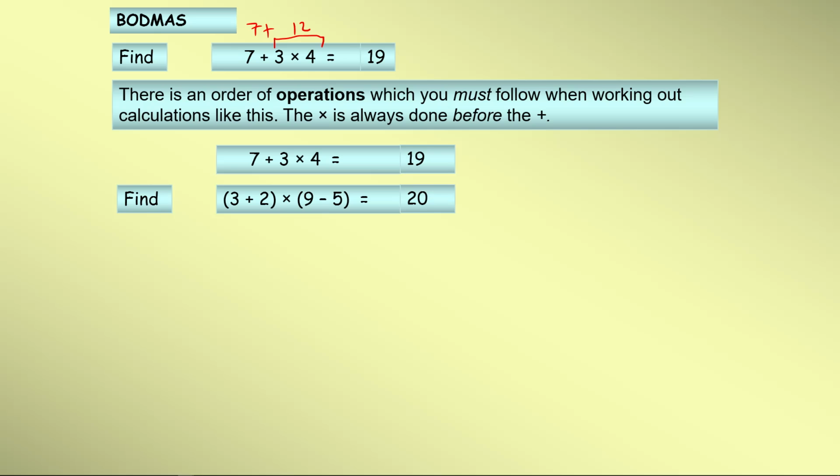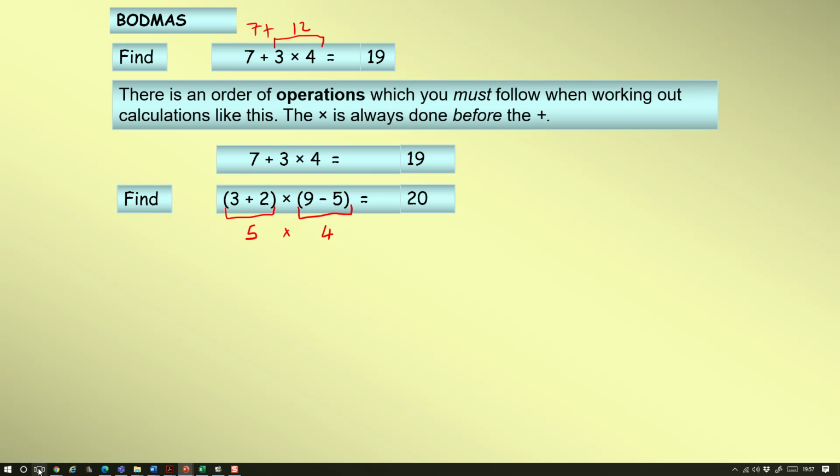Okay, so you do what's in the brackets first. So these brackets will give me 3 plus 2 is 5, and these brackets here, 9 minus 5 is 4. So 5 times 4 gives me my 20 over there.